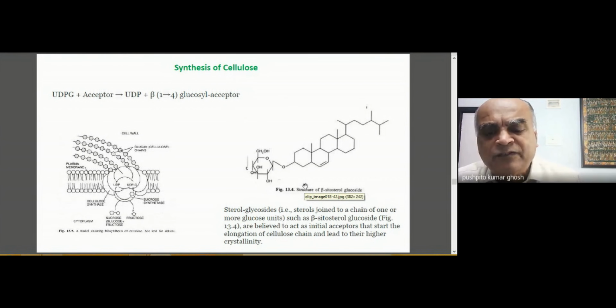Okay, so that's the fundamental difference between starch and cellulose. Starch is basically an alpha linkage, cellulose is a beta linkage, but otherwise both are 1,4 linkages, the linear part. Cellulose has a steroid as a directing group, and it forms a much more ordered crystalline kind of structure, which is extremely difficult to penetrate.